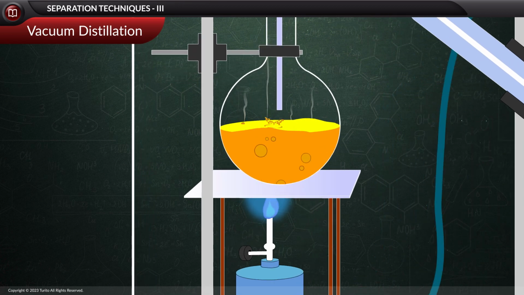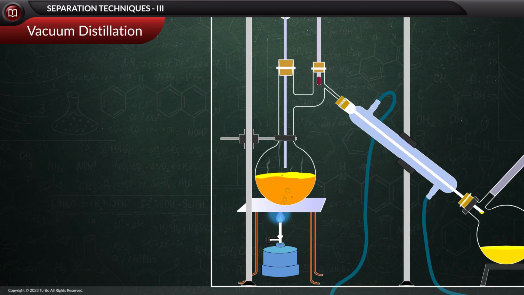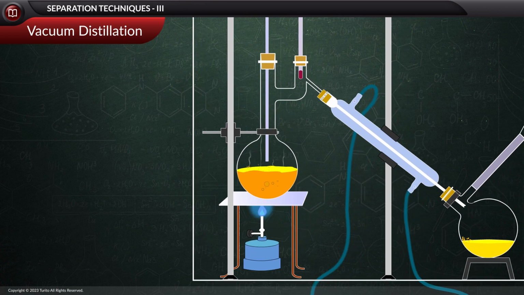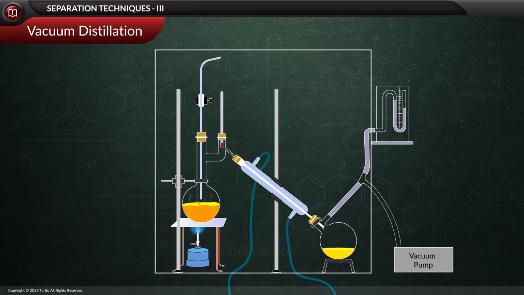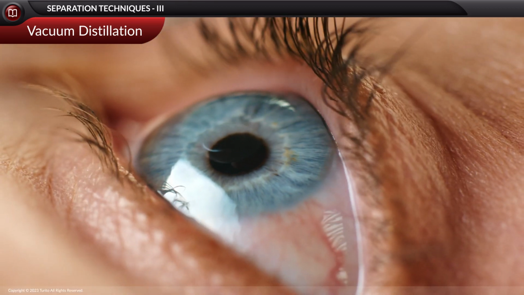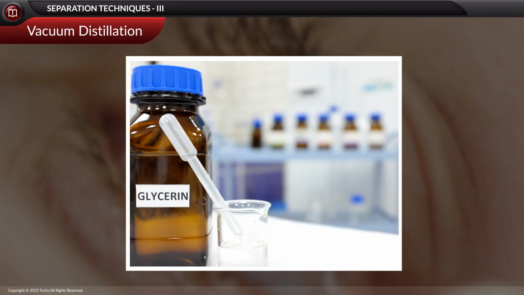To carry out this process, the components are transferred to a distillation chamber which is kept under reduced pressure, and the distillation is carried out in the same way as that of simple distillation. By using this method, we can obtain high-purity samples of chemicals that are degraded at high temperatures. An example of the same is glycerin, which is commercially purified by this method.